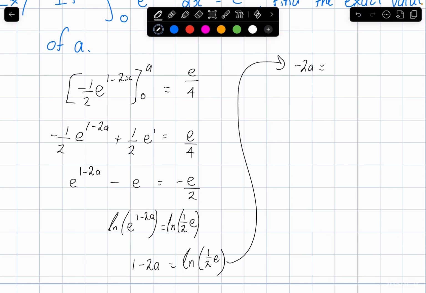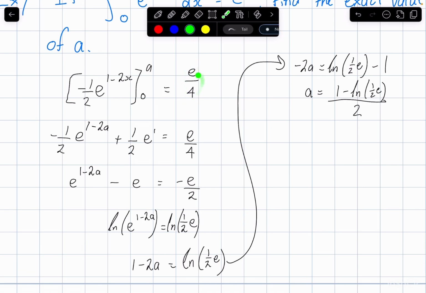Negative 2a equals the natural log of a half e minus 1. Divide by negative 2. A equals 1 take the natural log of a half e. That accounts for the negative divided by 2. Now that is the exact upper limit that would give you the solution e over 4.